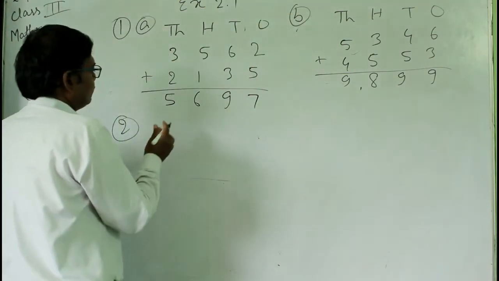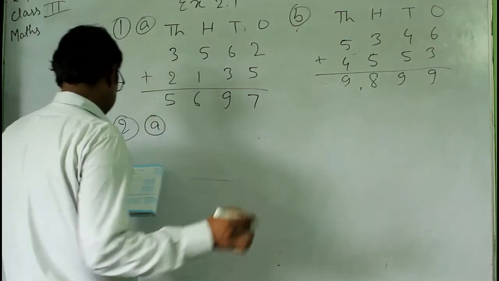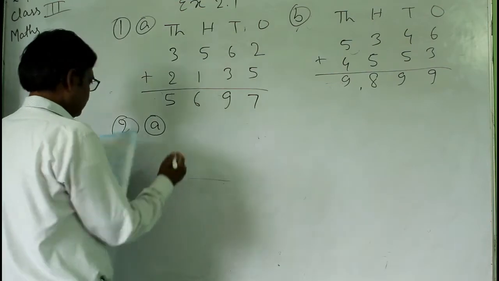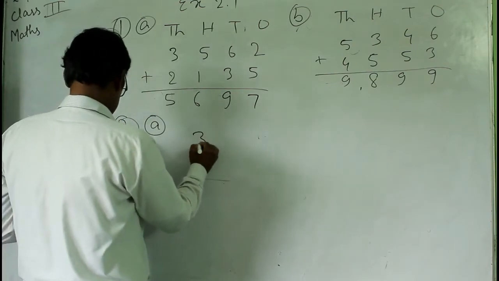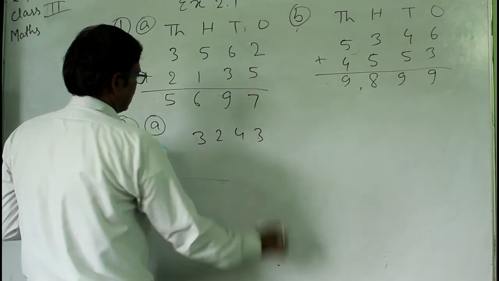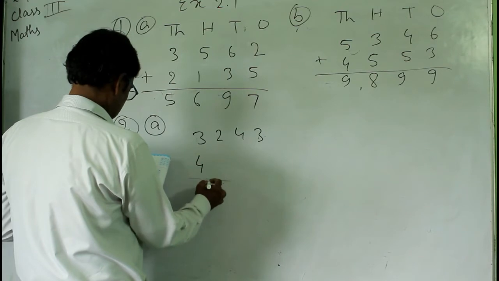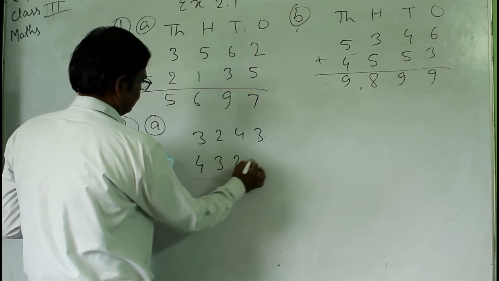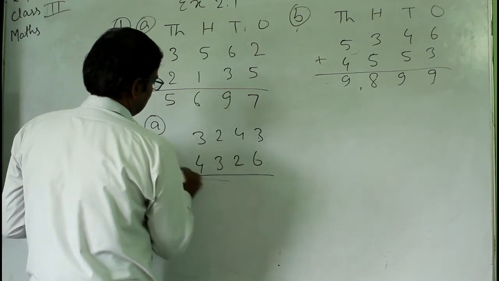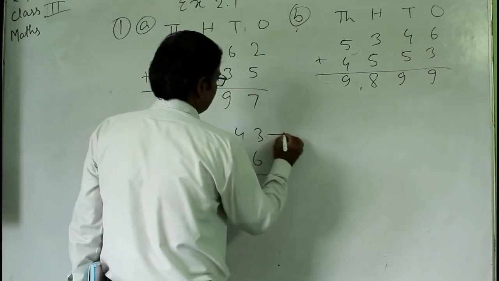So for example, take this question number A और इसको expand करते हैं, and the number is 3,243, and the other number is 4,326. फिर इन दोनों को प्लस करना है by expanding. So इसको expand करना है first. Okay, first expand this.